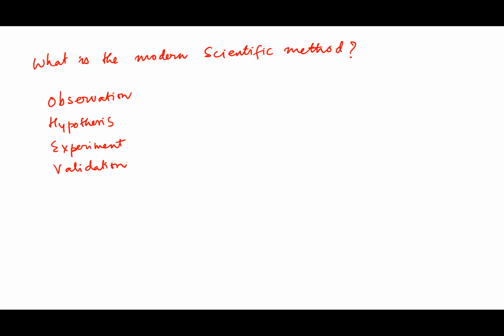Modern scientific method is looking at the world through the lens of quantity. That is, you're going to measure things through the lens of quantity.